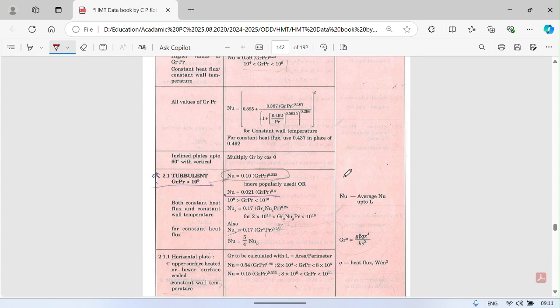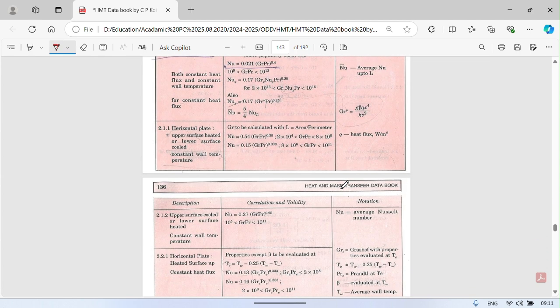It is nearer to the turbulent cases. So here for the horizontal plate, this condition is whether it is laminar or turbulent. This particular case is for the horizontal plate, whether the upper surface is heated or the lower surface is cooled.